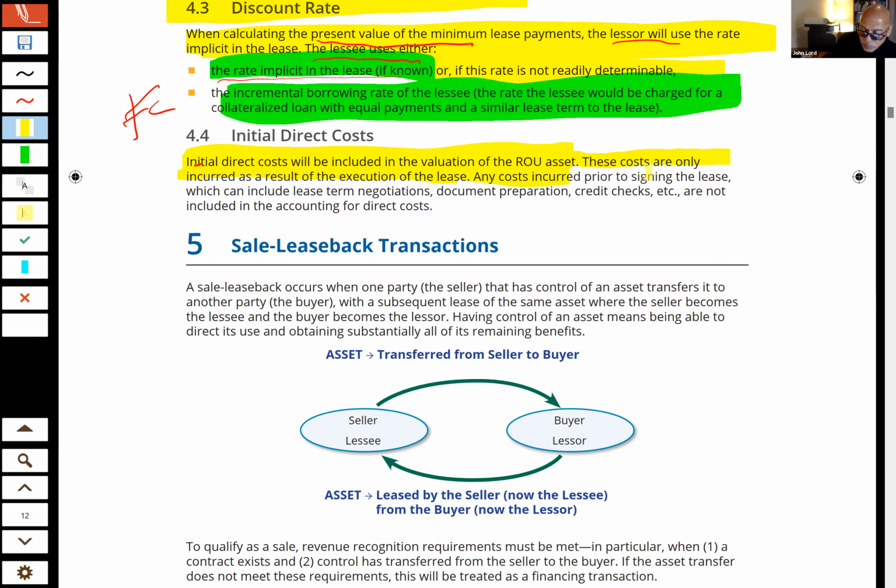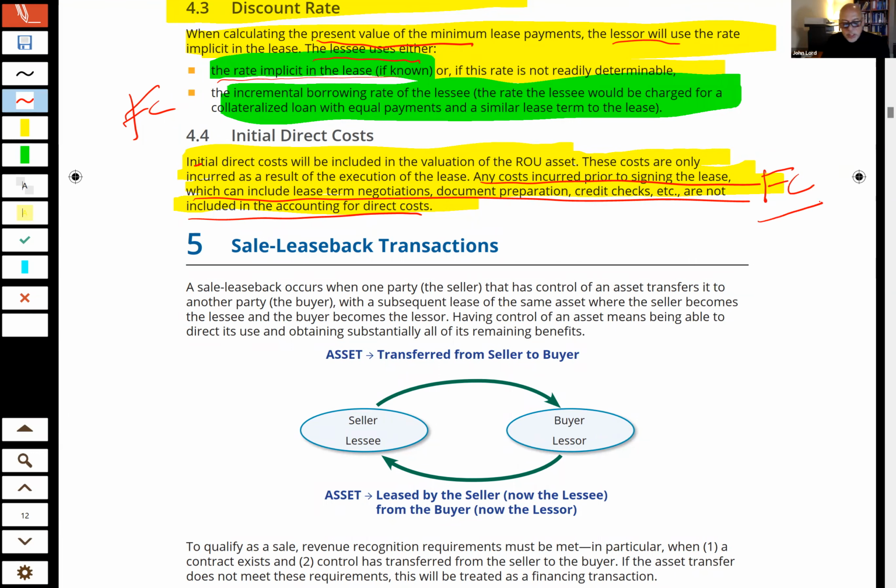Any costs incurred prior to signing the lease, which can include lease term negotiations and document preparation, are not included in accounting for the direct costs. In other words, don't include costs before you know that you have some sort of an agreement, right? Don't include those. Include other initial direct costs that are incurred as a result of the execution of the lease.